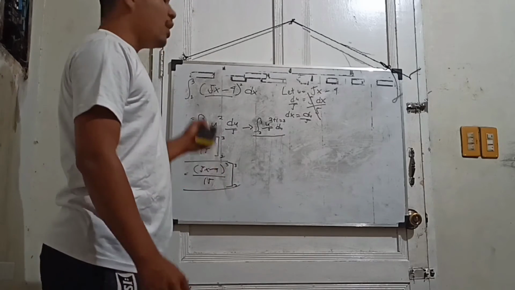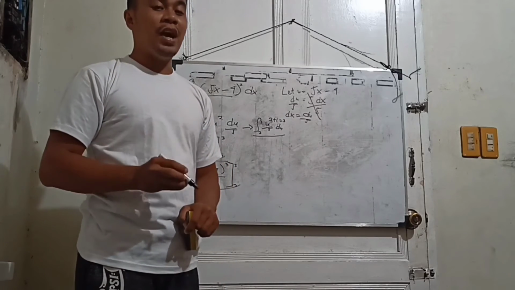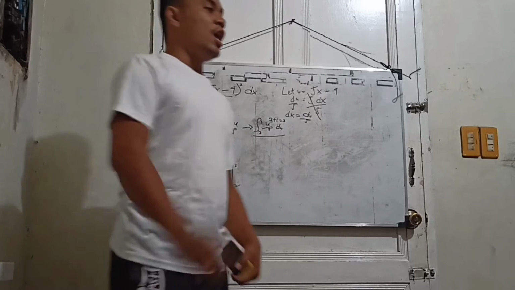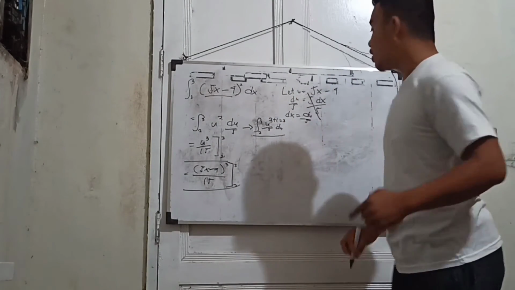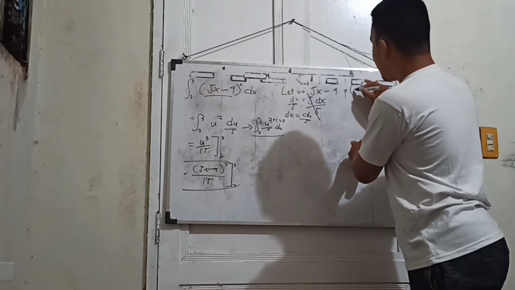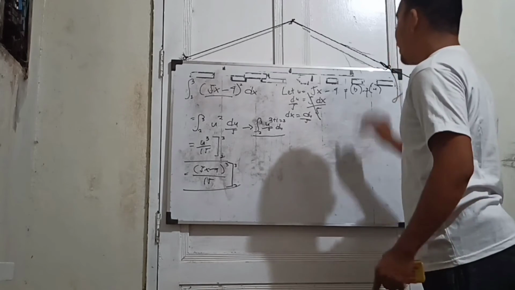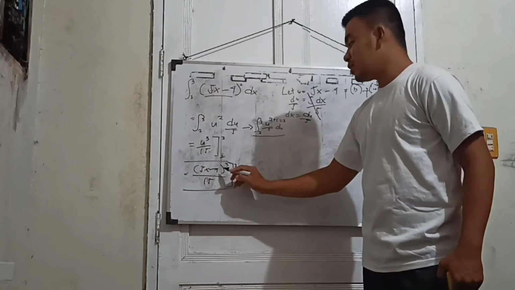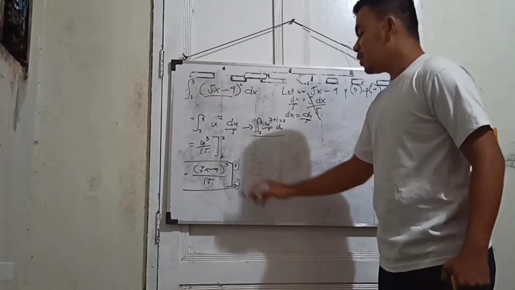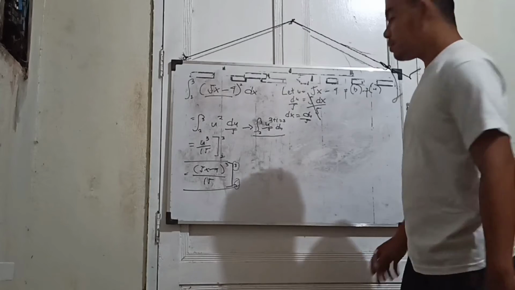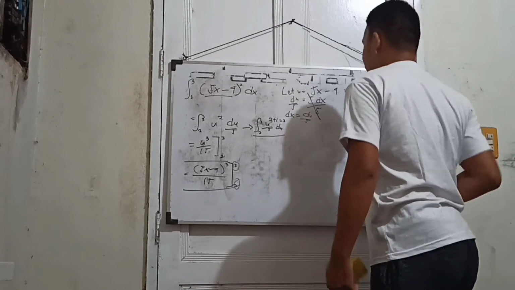Now that we have finally done integrating it, we will now solve it using the formula of definite integration. Since we forgot our formula earlier, the formula of definite integration is F of b minus F of a, wherein F of b is the upper limit, and F of a is the lower limit. Now, we will substitute it so that we can solve F of b and F of a.